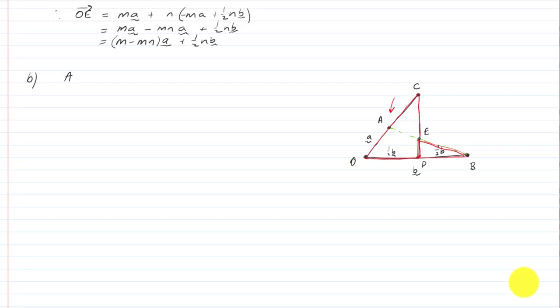I know because I'm told they're collinear that AE is equal to K times, well actually I'll write this out, AE is parallel to AB, and so therefore AE is equal to KAB. It's always good to show all the evidence you've got.